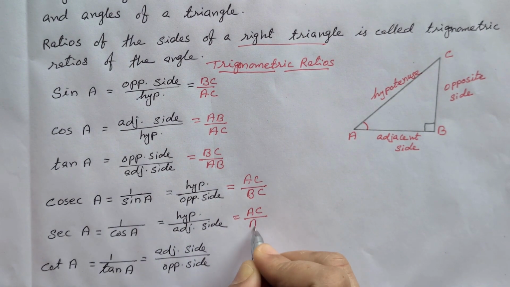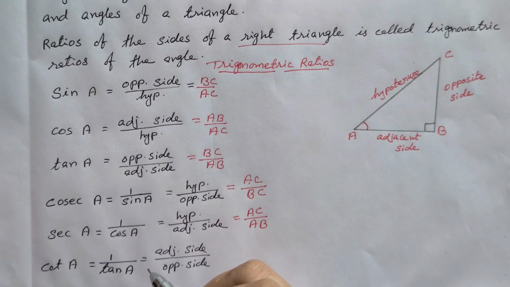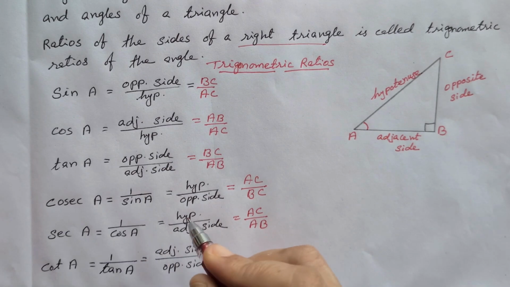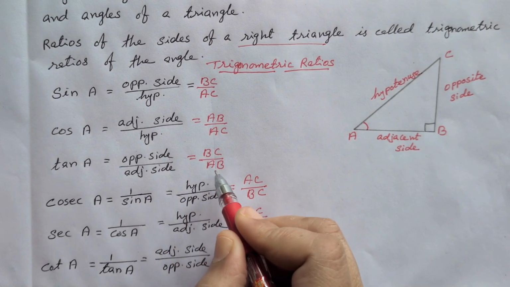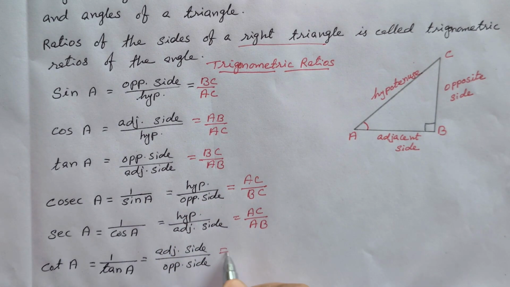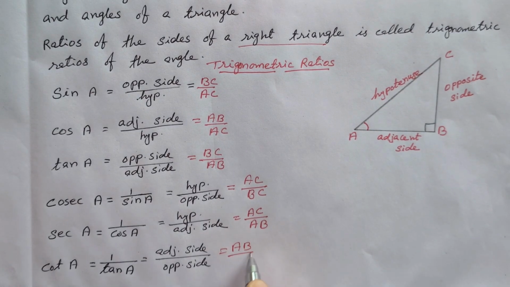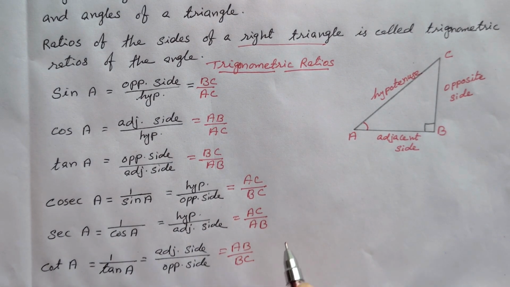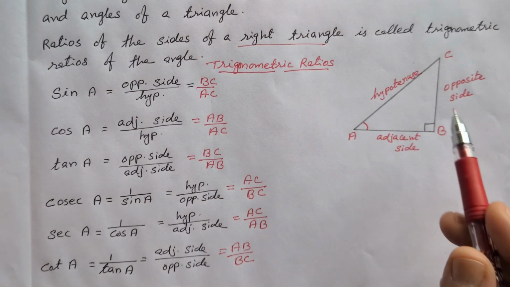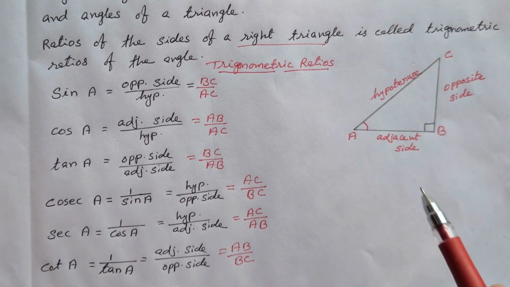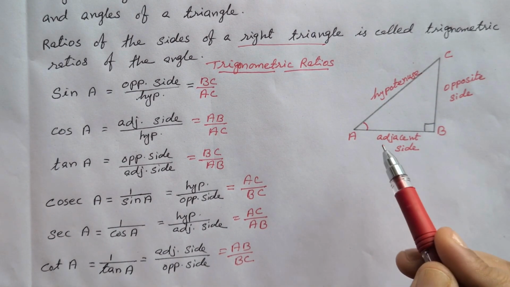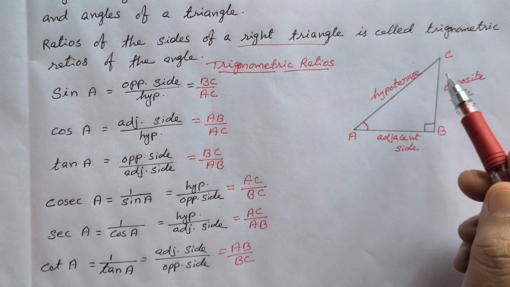Cot A means 1 by tan A, the reciprocal of tan A, AB by BC. So these are the 6 trigonometric ratios based on a right angle triangle.